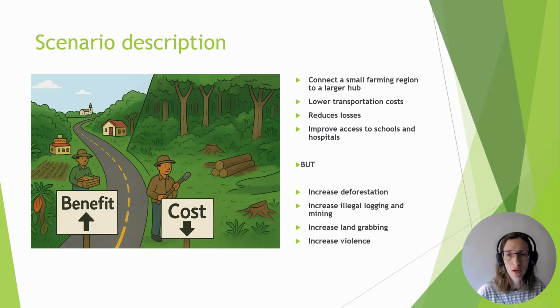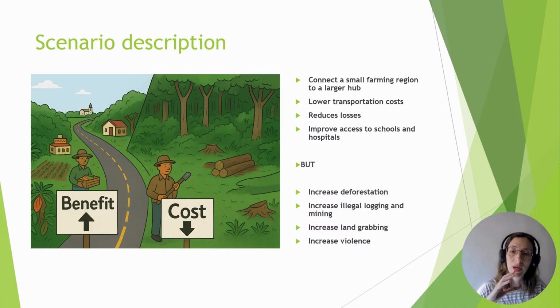Crops spoil before reaching buyers. So in theory, paving the road would stimulate economic growth, lower costs, and improve access to schools, hospitals, and other essential services for roughly 3,000 residents in this example.